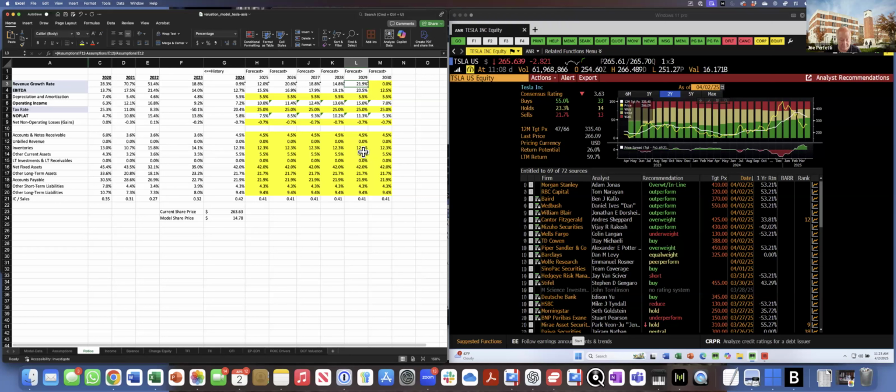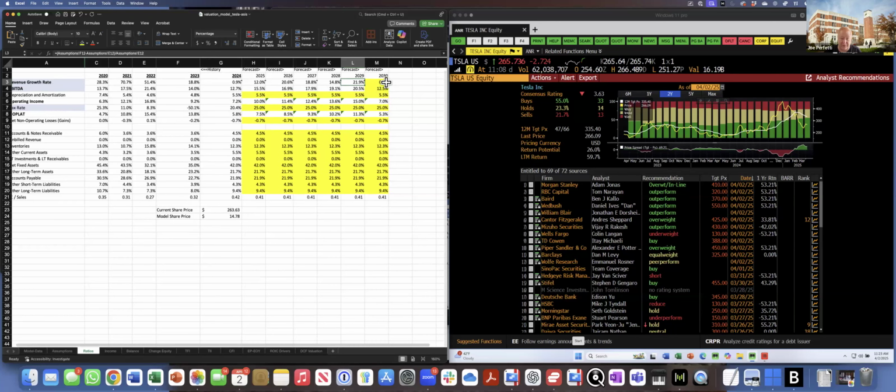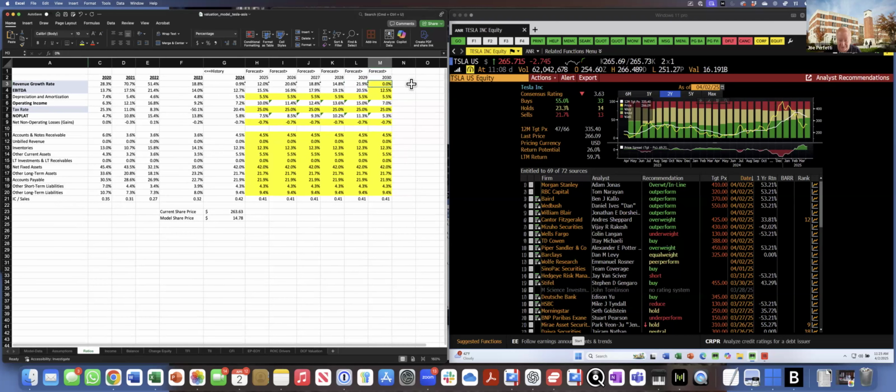Now we need to have more realistic long-term numbers. We didn't really change any of the balance sheet numbers. Those are fine, and the productivity stays in a similar range to where it is now. So I'm not too worried about the operating balance sheet ratios. Revenue growth rate, obviously 2030 is not going to be 0. So I need to at least put in something reasonable. So for now, I just have it equal to 2029.